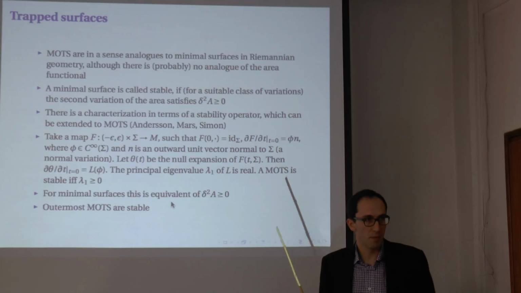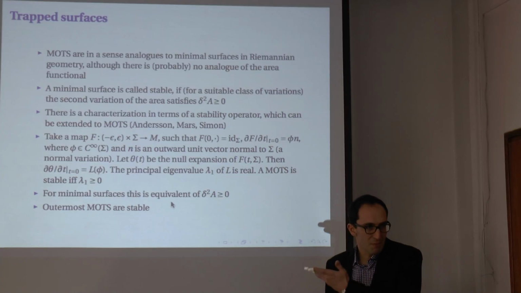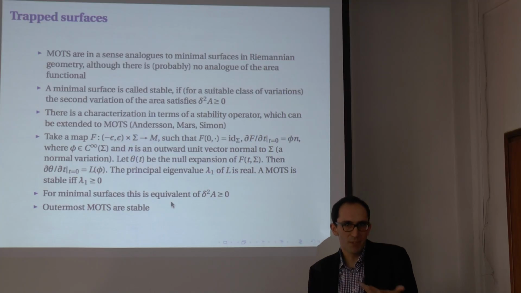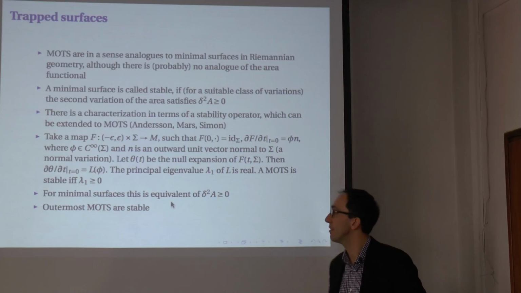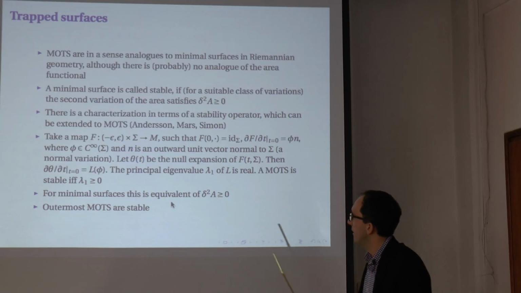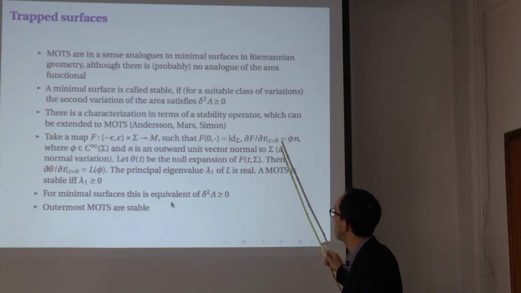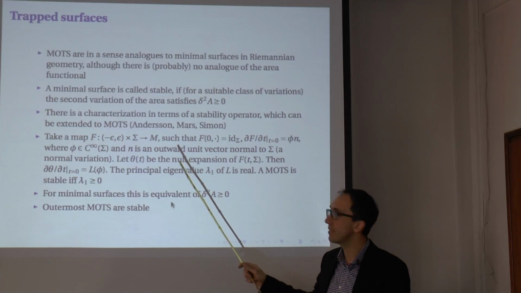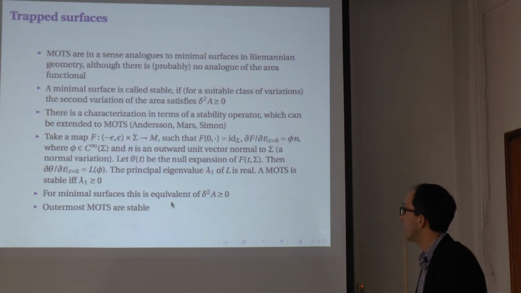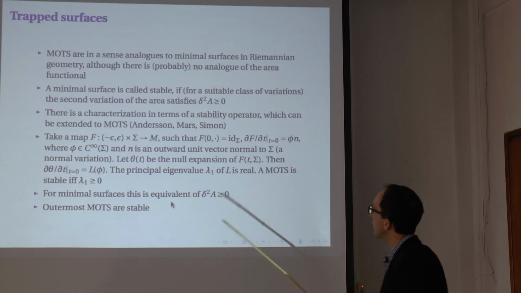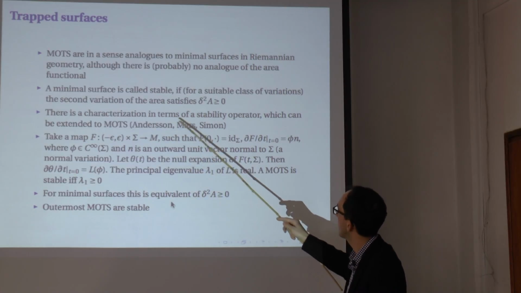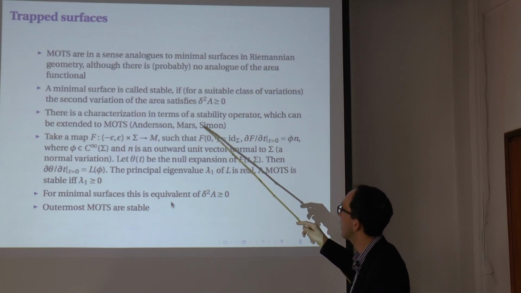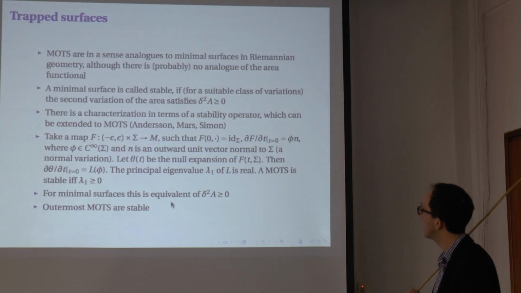So, because there is no area characterization of MOTS, while there is such for minimal surfaces, there is some kind of replacement for the idea of stability that might be of interest. Actually, I think it comes from at least two papers by Anderson, by Mars, and by Simon.